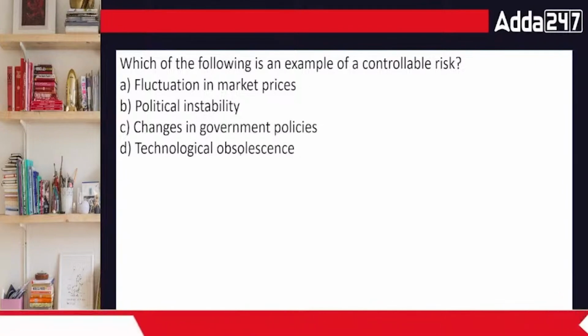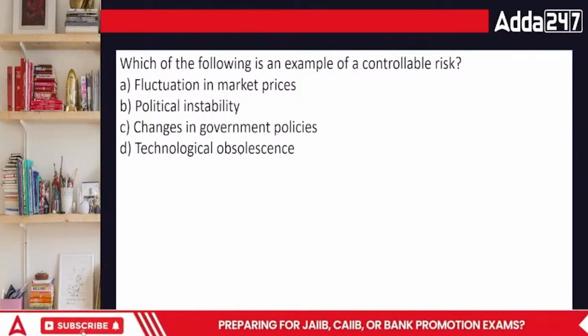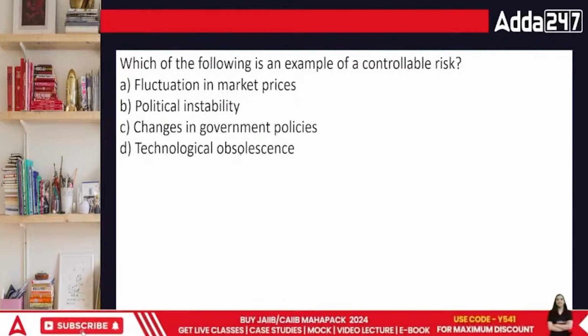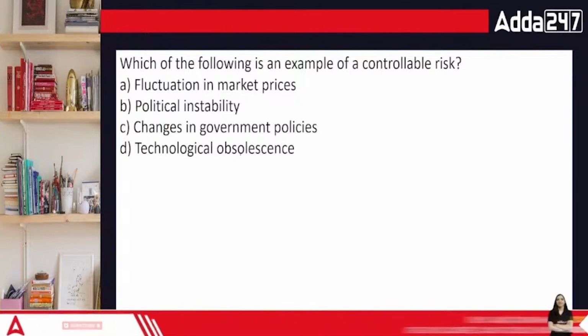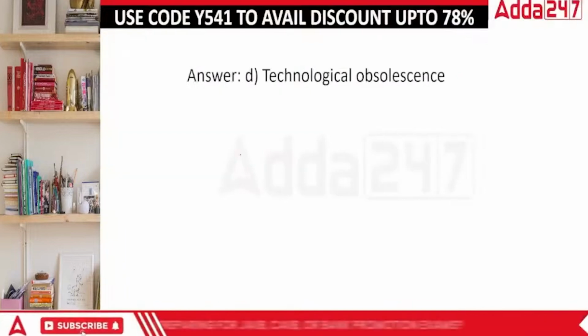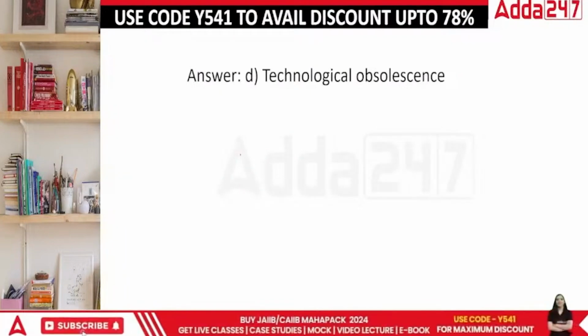Controllable and uncontrollable, two separate scenarios. है ना? The answer would be technological obsolescence. That is something which we can still control, but I don't think anything else is in our control.